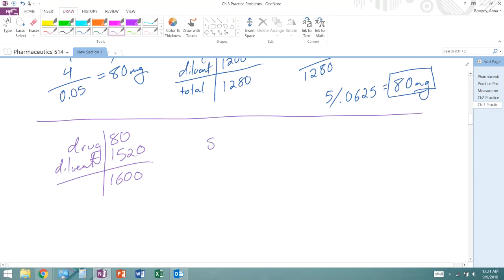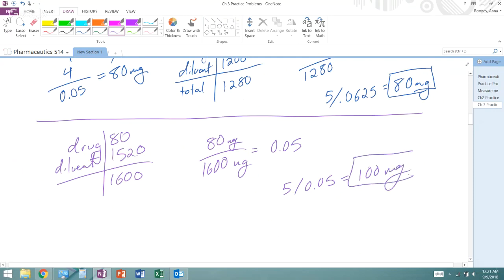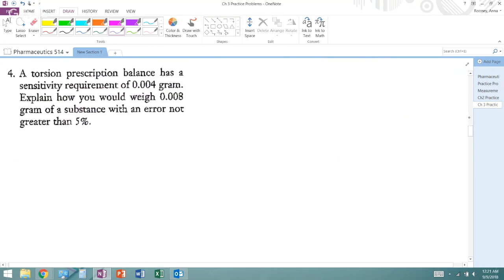So then their strength is equal to 0.05, and then 5 divided by 0.05 equals 100 milligrams. So the waste on this one would be about 20 if you didn't do it my way. Do it my way. Okay.